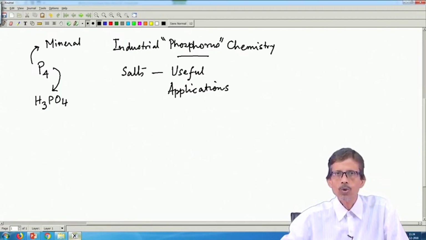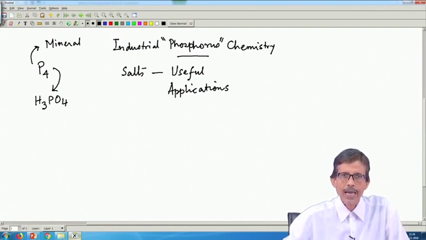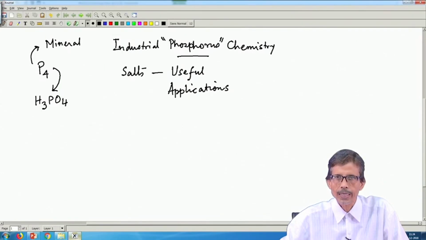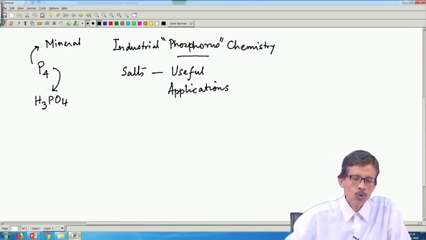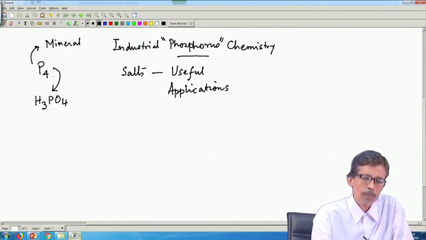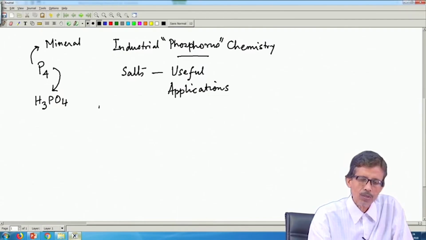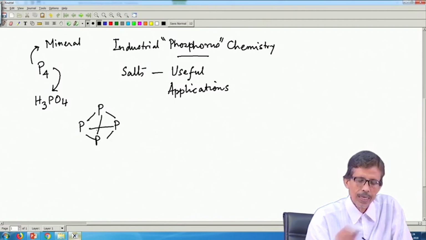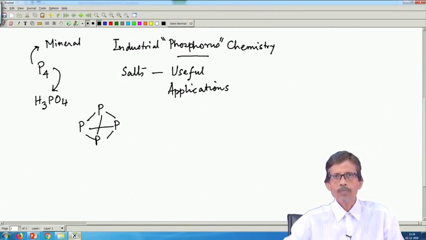And in doing so, whatever application it can have and whatever importance in the market and the industry, we should never forget the corresponding basic chemistry, because this phosphorus, as we all know, the P4 molecule is very interesting, the tetrahedral P4 molecule.